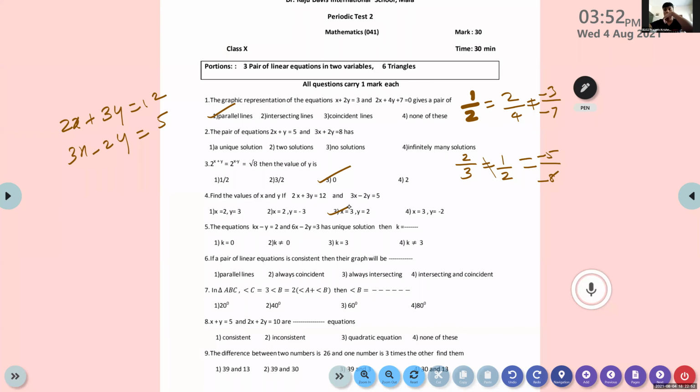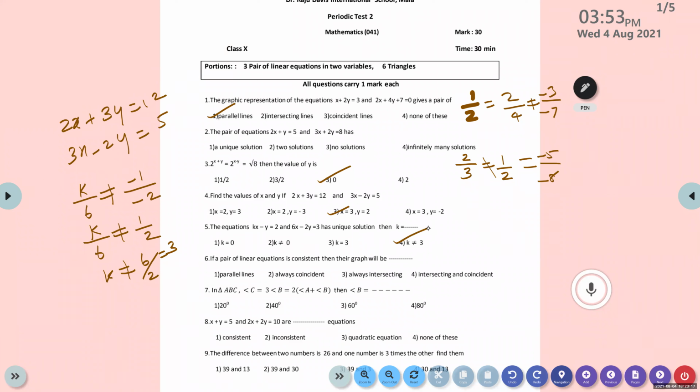Okay. The next one, the equations has unique solution. What's the condition for unique solution? A1 by A2 is not equal to B1 by B2. So K by 6 is not equal to 1 by 2. So K is not equal to 6 by 2, which is 3.